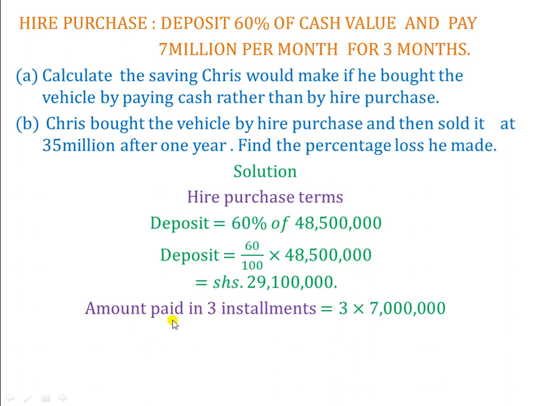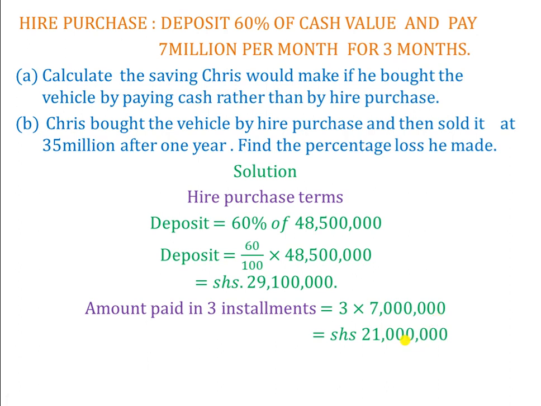So now we're looking at the amount you're going to be paying for the 3 installments. Remember they said each installment will be 7 millions and you're paying it for 3 months. So it means it's going to be 3 times the 7 millions. And that comes to shillings 21 millions.